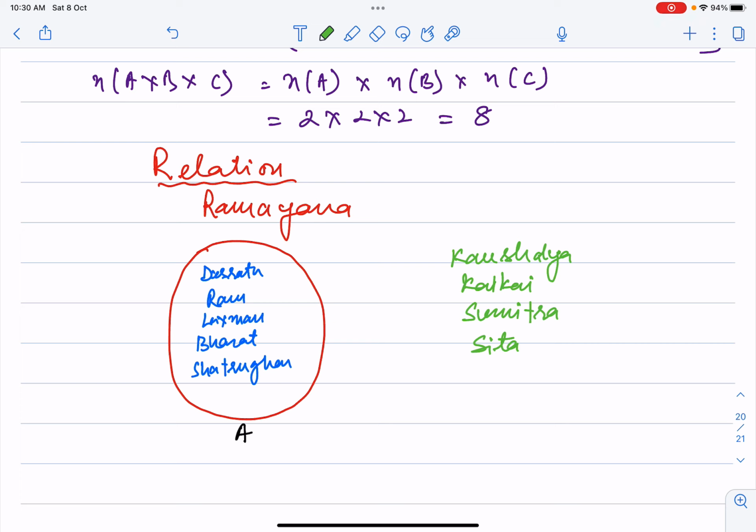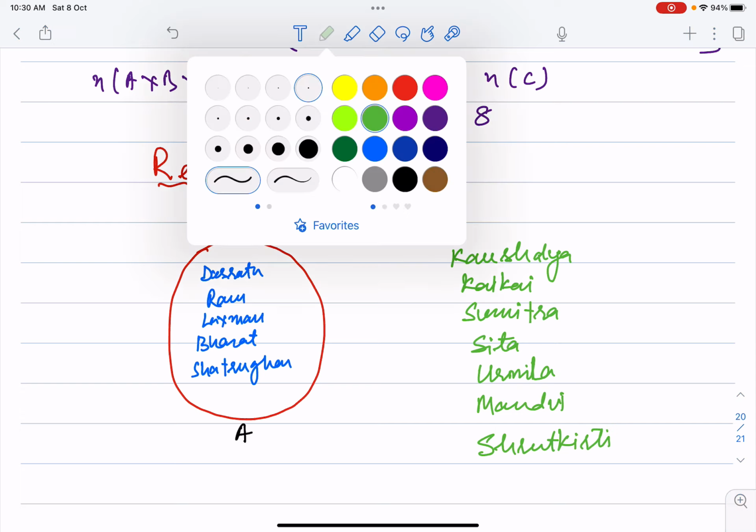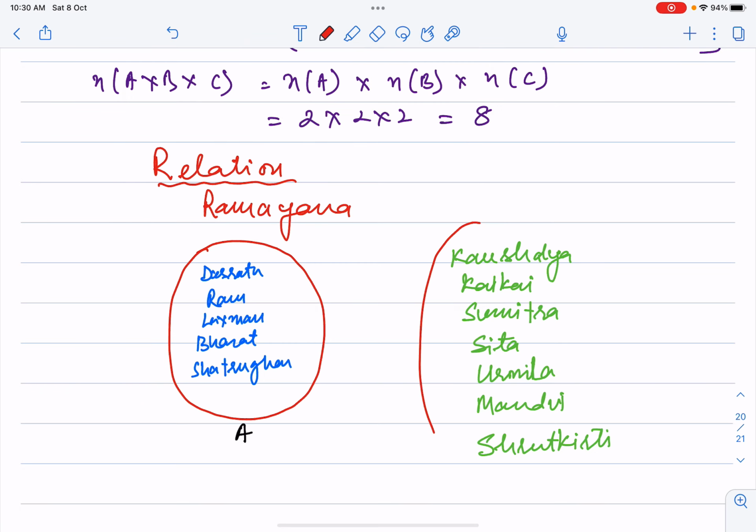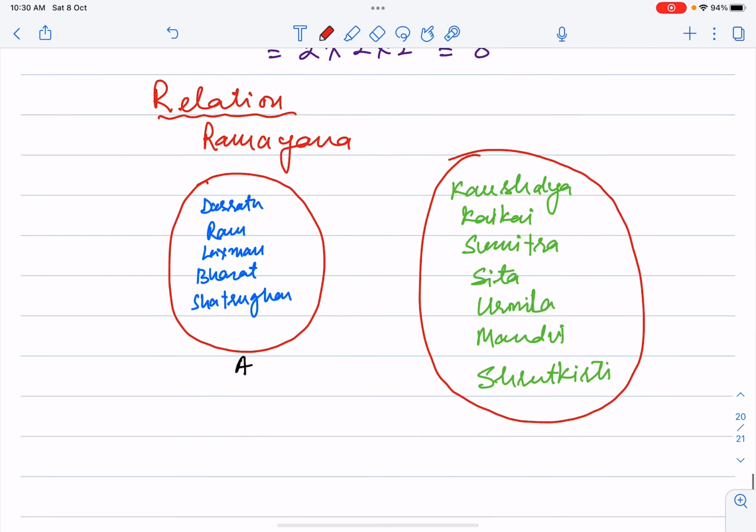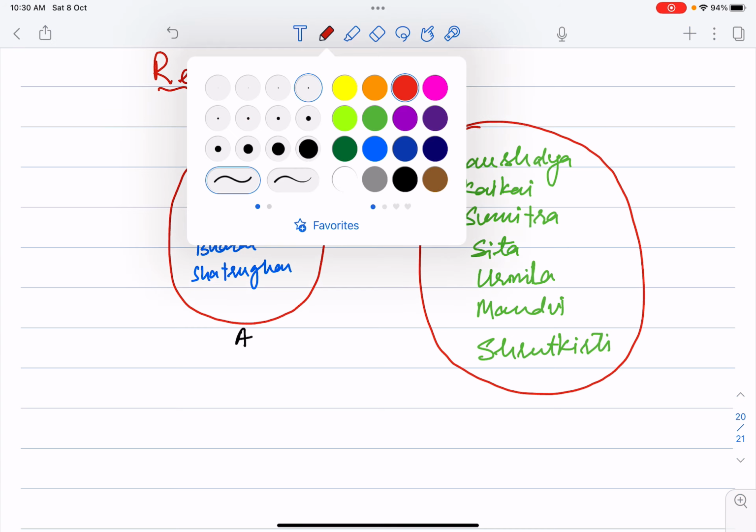Ramayana is a Hindu epic and very popular in India. Sita, Urmila, and Mandvi. And Shatrughan's wife's name was Shrutkirti. So this is another set of the females, and let us name it as B.